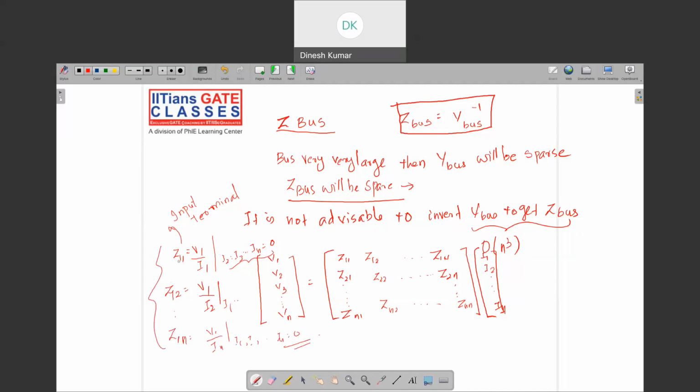So what I'm saying is Z11 is not equal to the inverse of Y11. This is not correct. Z11 is not equal to 1 by Y11. If I already know Y11, just taking 1 by Y11 does not give Z11.